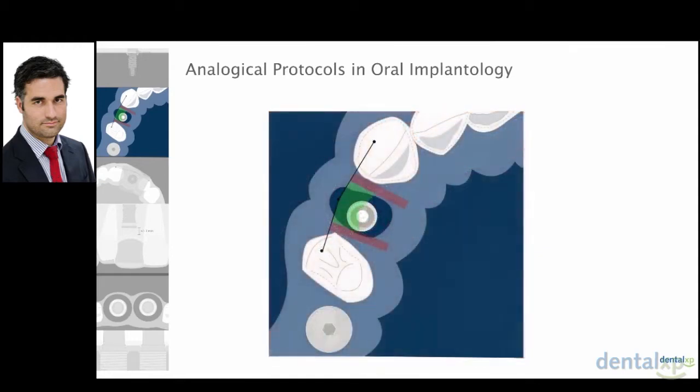As you can see, you are going to maintain the space between the adjacent teeth, 1.5 millimeters to 2 millimeters. If you go to the articles from Tarnow or Castaldo 2004, you know that you have the comfort zone where you have to place your implant, and this distance must be 1.5 millimeters to 2 millimeters from the adjacent teeth, and in the buccal distance you should go 1-2 millimeters palatal to the adjacent teeth.